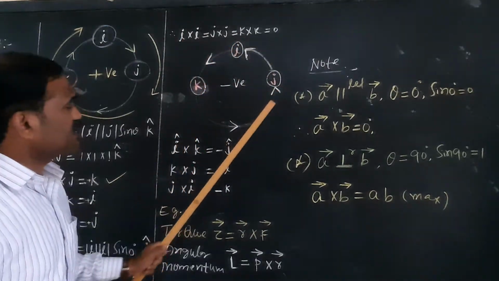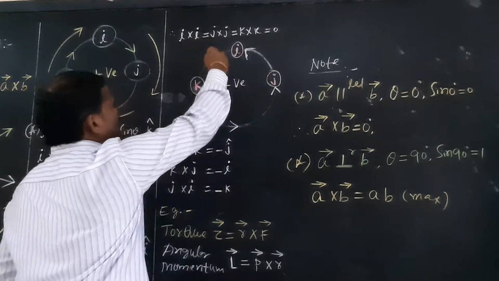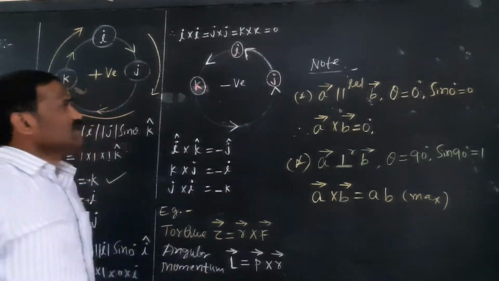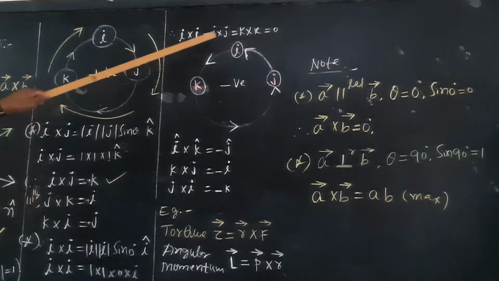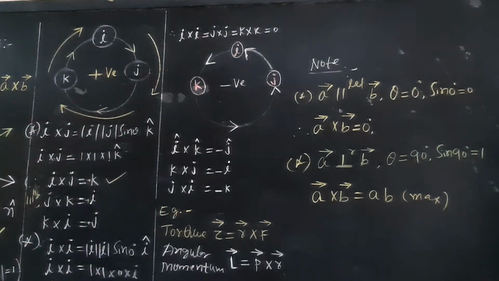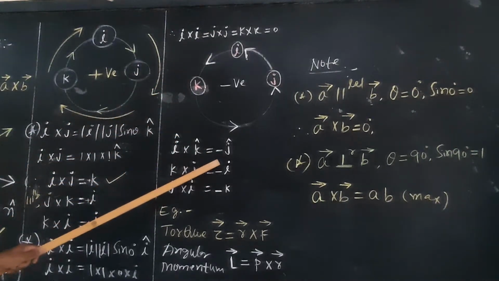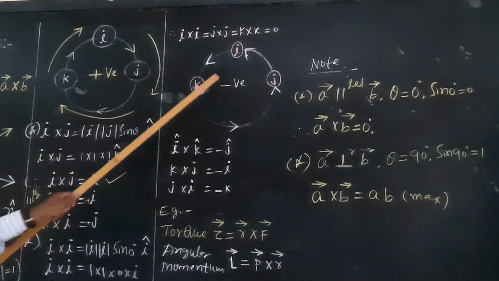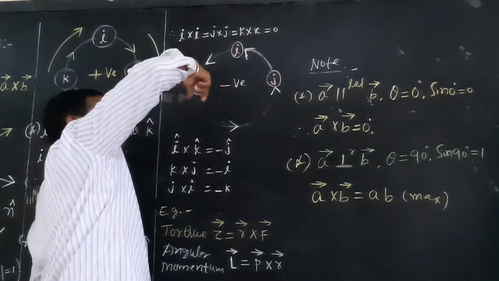So now we will take it in the anti-clockwise direction. I, J, K. So I is crossed with K now. Because you are moving in the anti-clockwise direction, if I is crossed with K, you will get minus J, negative J. So the rotation is opposite.